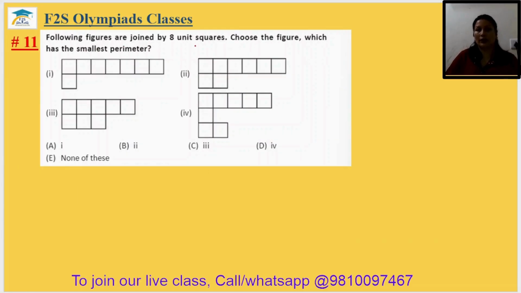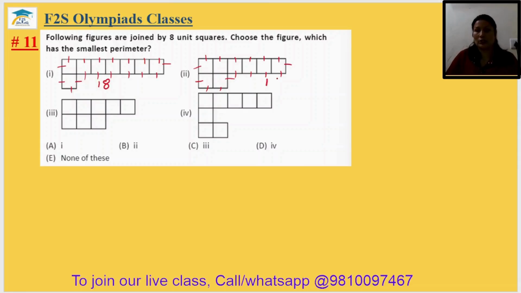Come to question number 11. Following figures are joined by 8 unit squares. Choose the figure which has the smallest perimeter. Perimeter is the length of the outer side. So what is this length? So let's count it: 1 2 3 4 5 6 7 8 9 10 11 12 13 14 15 16 17 18. It is your 18 units. Here 1 2 3 4 5 6 7 8 9 10 11 12 13 14 15 16.